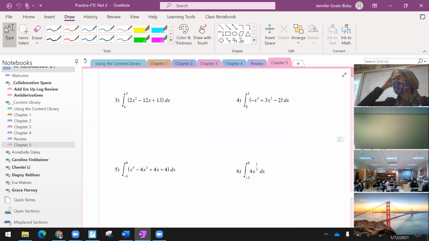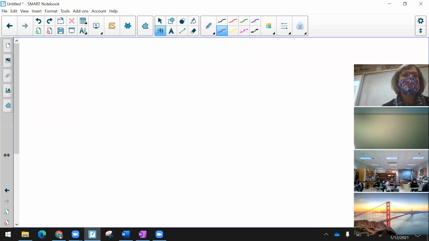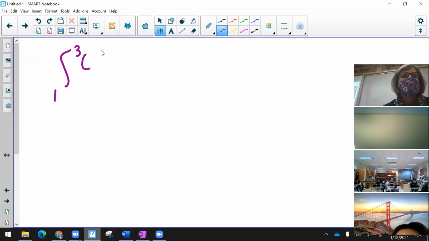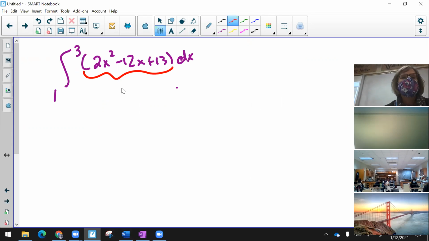Let's just take number 3 here. That is the integral from 1 to 3 of 2x squared minus 12x plus 13 dx, I believe. So this part here is little f of x.